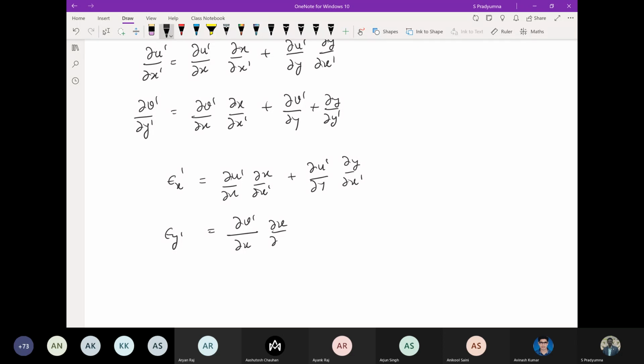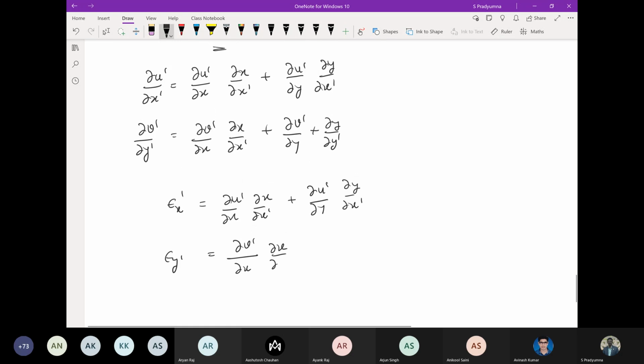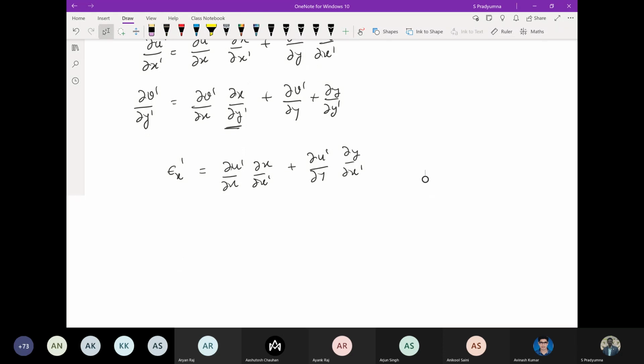Dou v dash by dou x, okay, I just decided to change, right? So this can't be true. This has to be y dash, dou x by dou y dash. Then only this will work. Correct? It is correct. I just changed here. The chain rule has to be correct. Then dou v dash by dou x into dou x by dou y dash plus dou v dash by dou y into dou y by dou y dash.